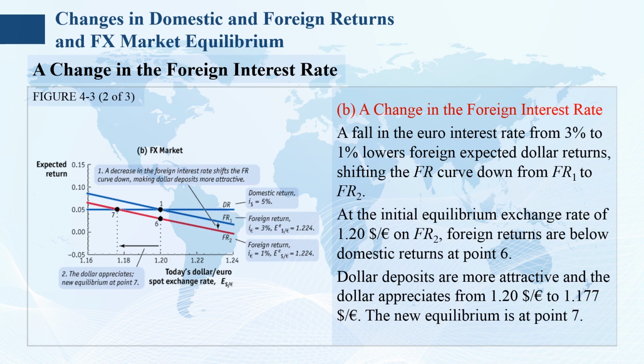At the initial equilibrium exchange rate of $1.2 per euro on FR2, foreign returns are below domestic returns at point 6. Dollar deposits are more attractive and the dollar appreciates from $1.2 per euro to $1.177 per euro. The new equilibrium is at point 7.